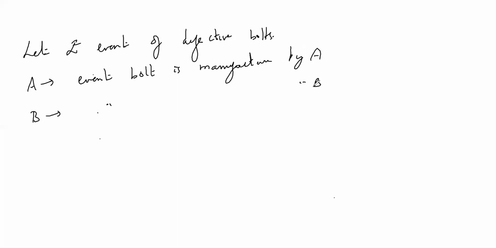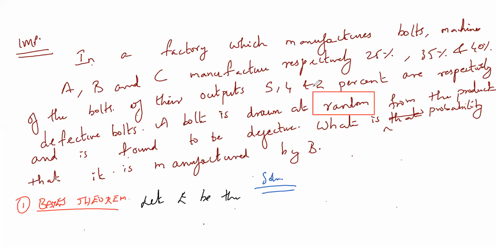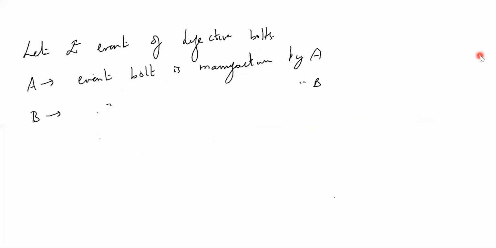So in our question they have given us, what is my P of A? So it produces 25% of the bolt. So 25 by 100, 35 by 100, 40 by 100. Correct? So that is given in the question. So I'm just going to write it here.